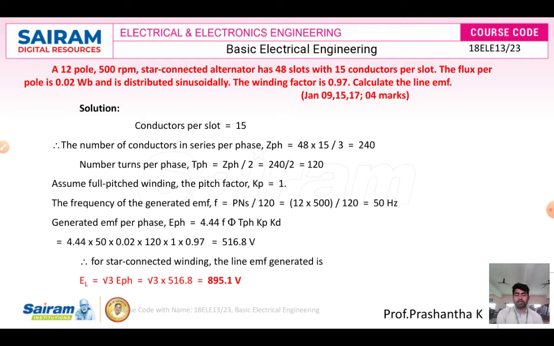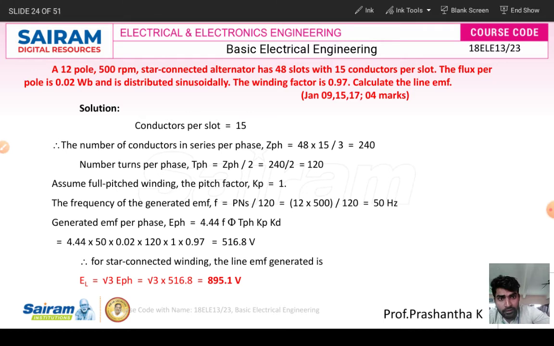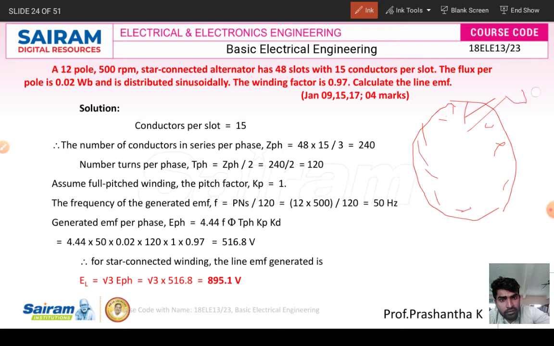This is the alternator having 12 poles and 500 rpm. I'll show you the diagrammatic representation. So this is the alternator, having 48 slots, each slot consisting of a number of conductors, and it rotates at 500 rpm.